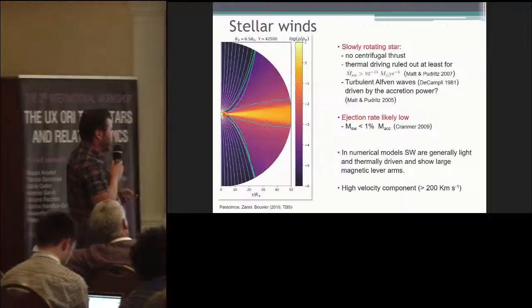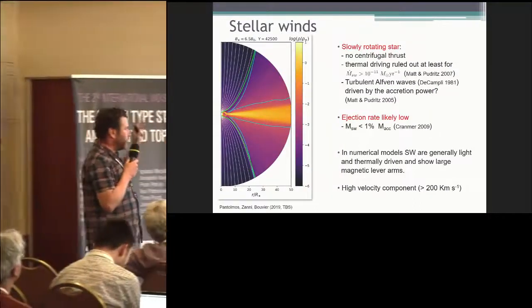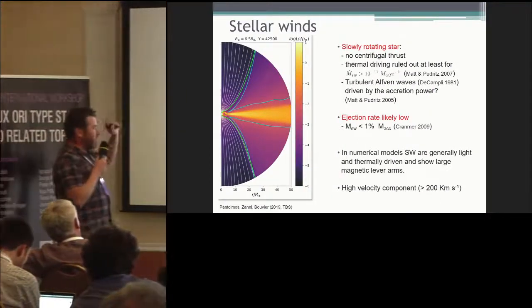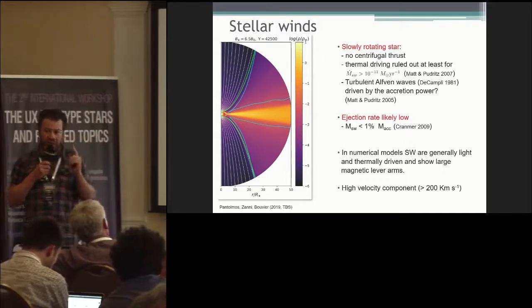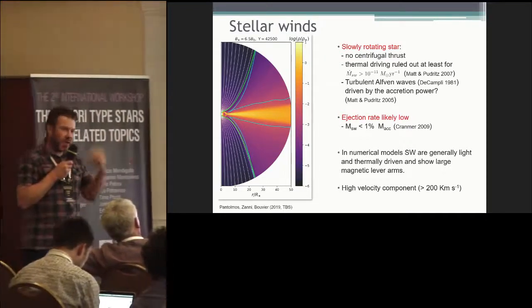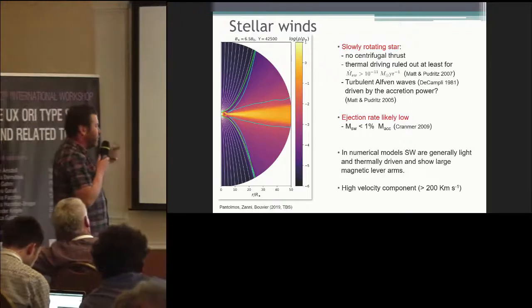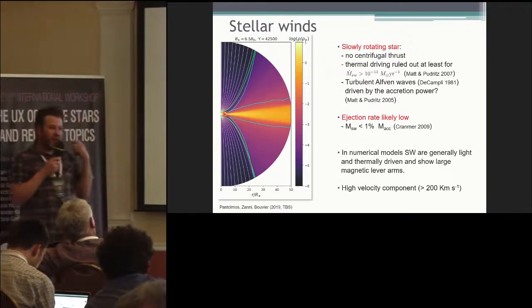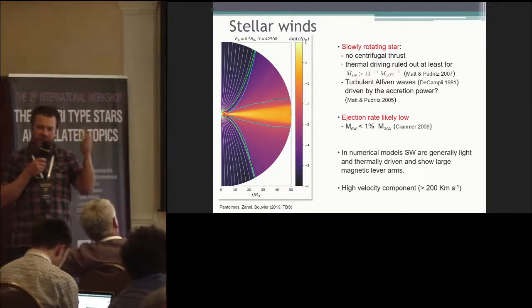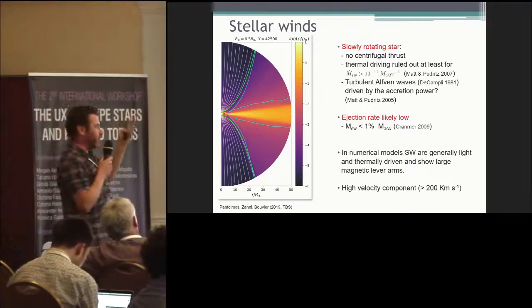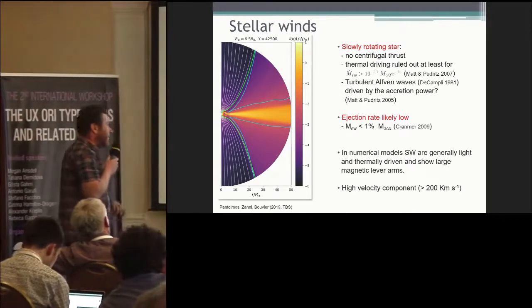So going to outflows, some considerations about stellar winds. Classical T Tauri stars are slowly rotating stars, typically below 10% of the breakup speed. So there is no centrifugal thrust. The magnetocentrifugal mechanism, Blandford-Payne, cannot work for these kinds of stars.